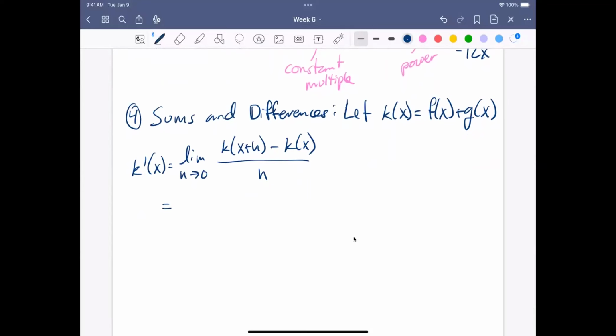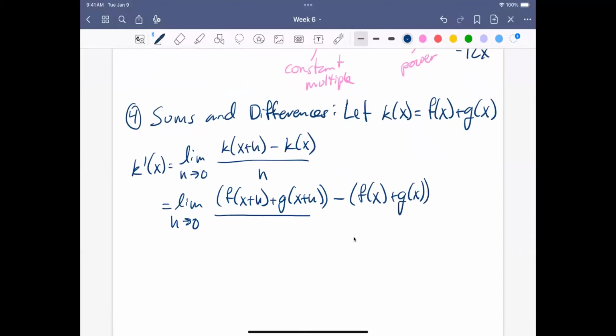All right, we're going to substitute in, if I have k of x plus h, really I can take that x plus h and put that into both f and g and then add those. So we're going to get f of x plus h plus g of x plus h. That's k of x plus h, and then minus f of x plus g of x. That'd be all of it.